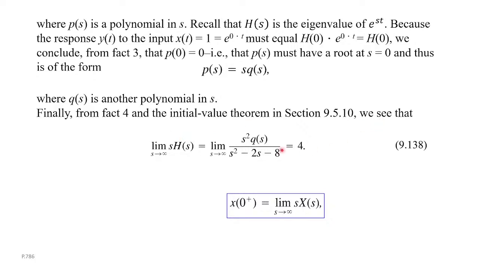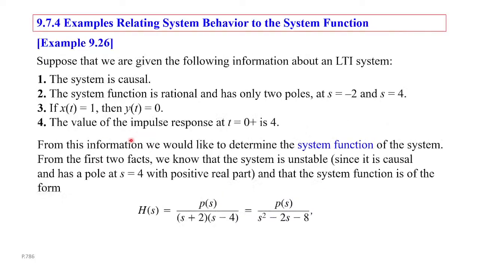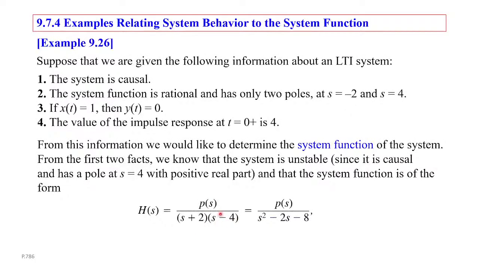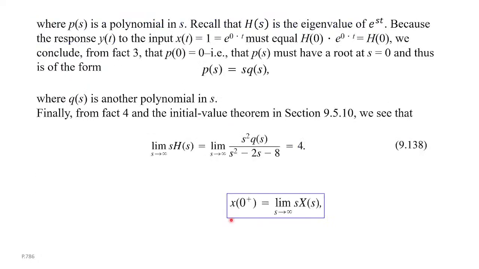The initial value theorem says the limit as s goes to infinity of s times H of s equals the initial value, which is 4. And s times H of s is s squared Q of s divided by s plus 2 times s minus 4. You multiply this out, and it's s squared minus 2s minus 8.